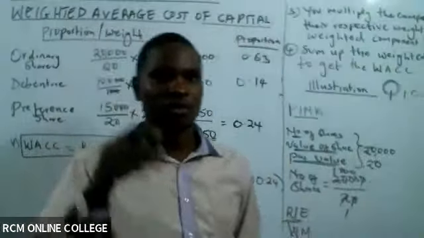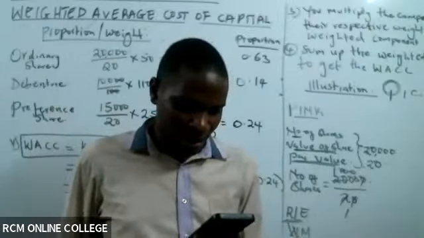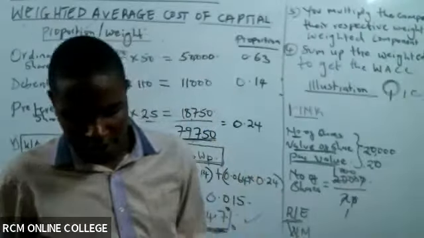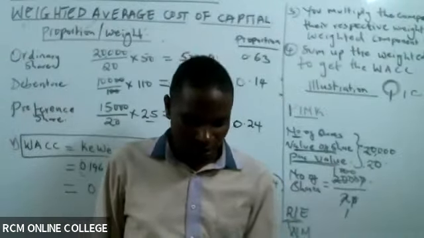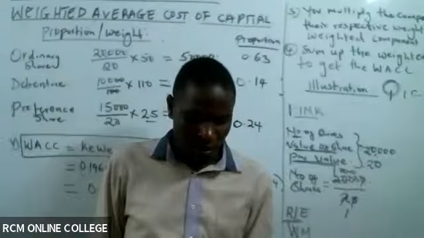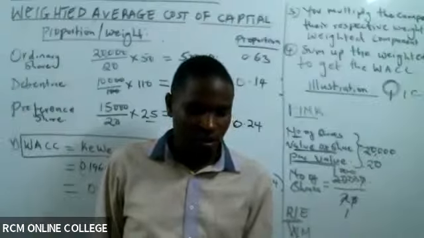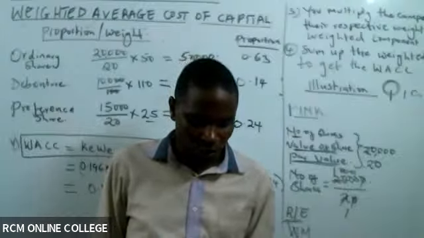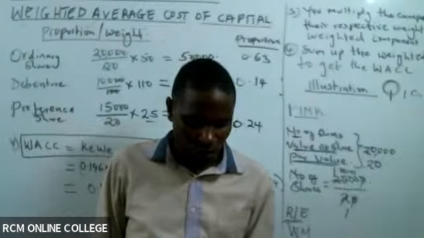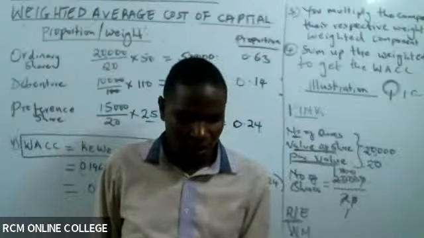Kuna some of the things that we need still to hammer in. Like to get maybe our current dividend, we shall have another format to get the current dividend using the additional information number 2. And then we are expected to do what? To come up with the weighted average cost of capital and then explain the 4 reasons why the cost of equity could be greater than the cost of debt.